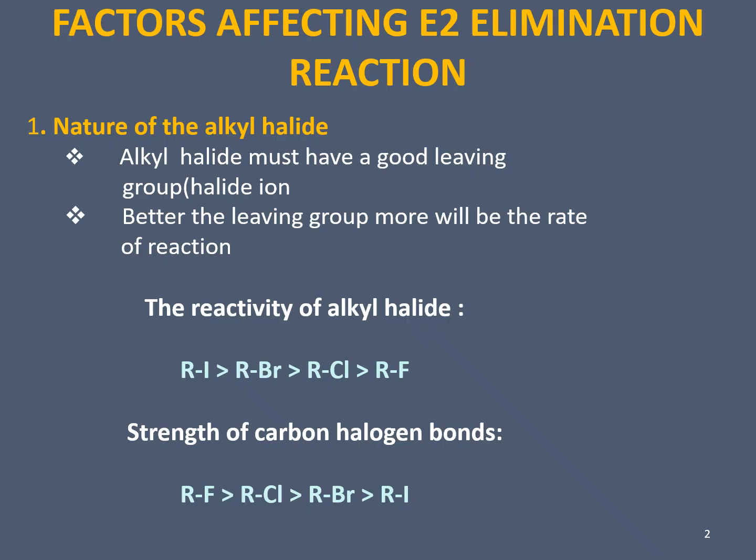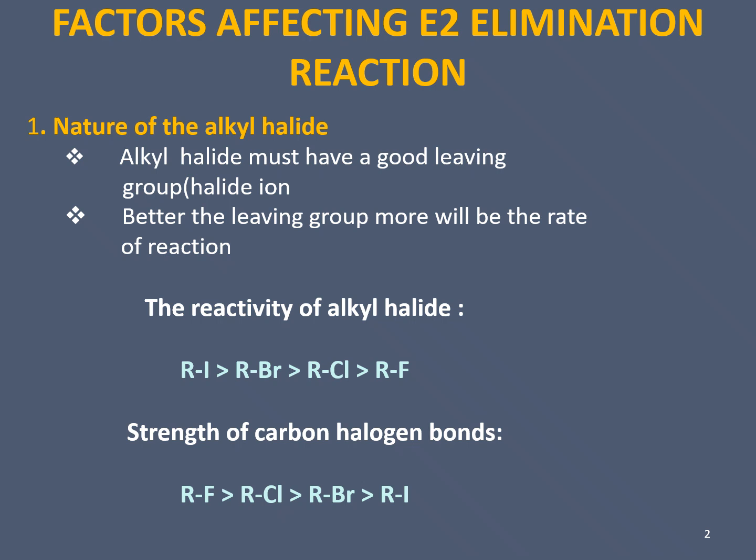Okay, so if we consider the strength of the carbon halogen bond, and we take alkyl fluoride, then the carbon fluorine bond will be the strongest bond in this case. And in alkyl iodide, there is a carbon iodine bond, and that will be the bond of least strength.